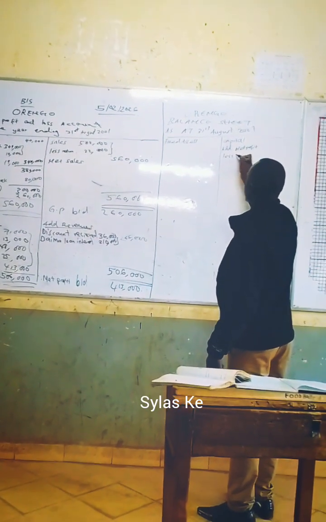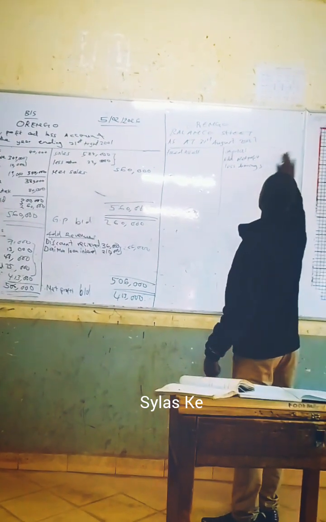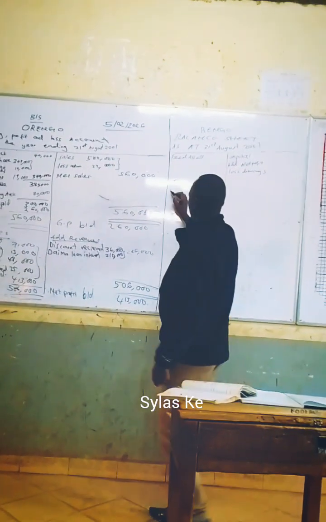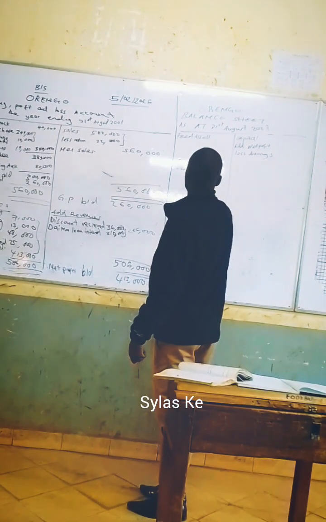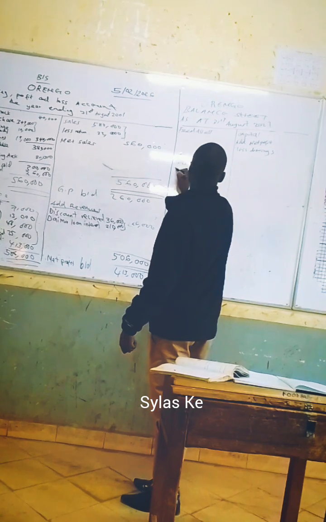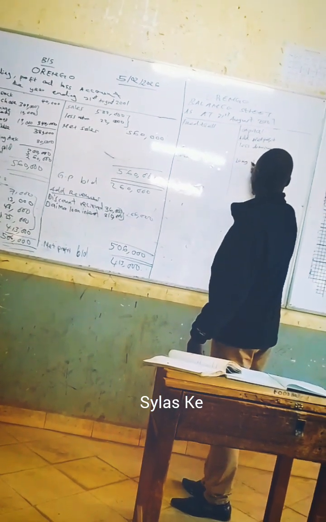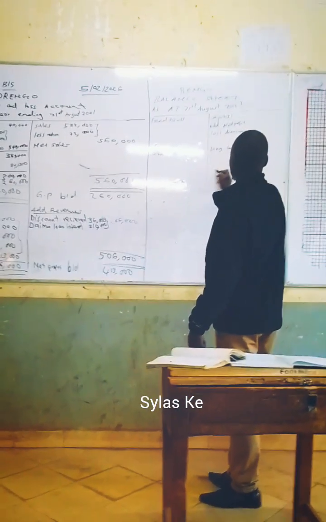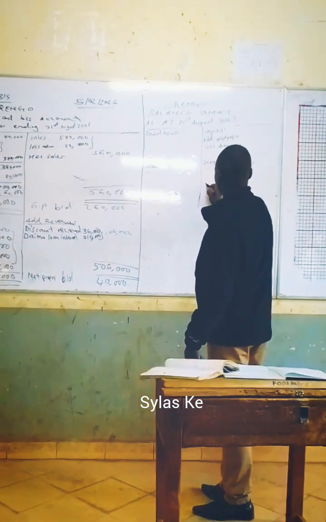Less drawings. Then we have current assets. Then long-term liabilities. And then we have short-term liabilities.